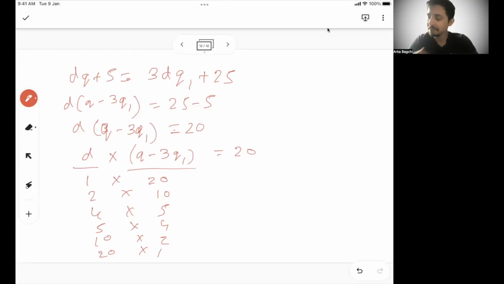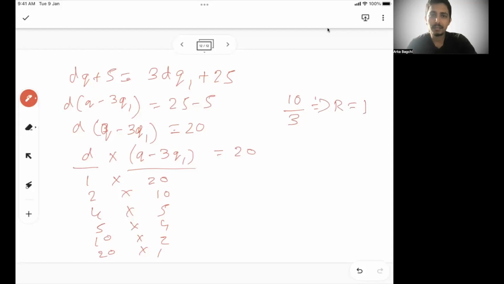For example, let's say you divide 10 by 3. What is the remainder you get? The remainder is equal to 1. So any number, if you divide by 3, you will never get a remainder which is more than 3. For example, any number, if you divide by 5, you will never get a remainder which is more than 5.